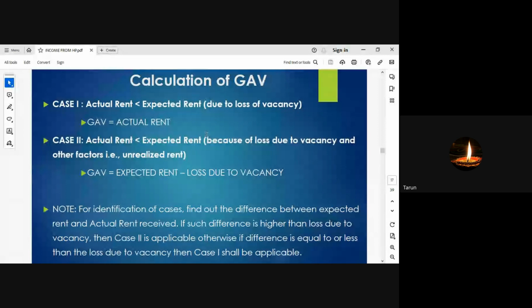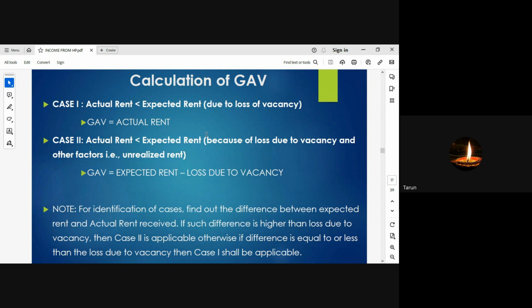If that difference is higher than the loss due to vacancy, then you need to apply case two, that is, the actual rent including the other factors as well.